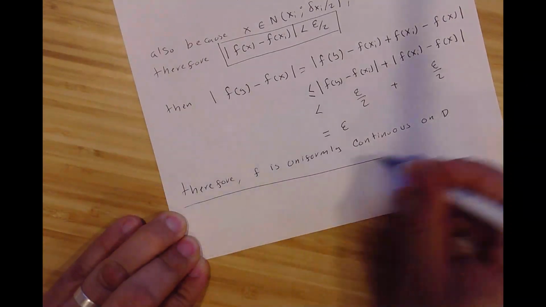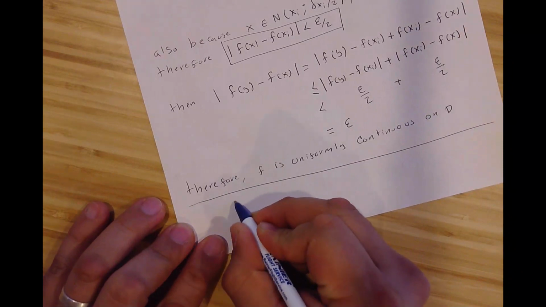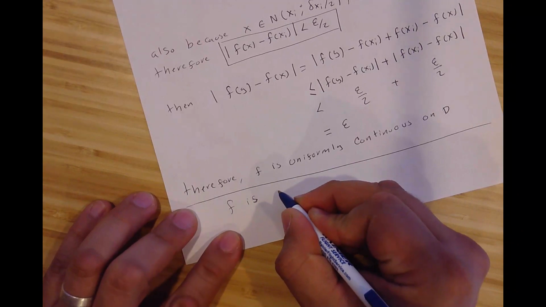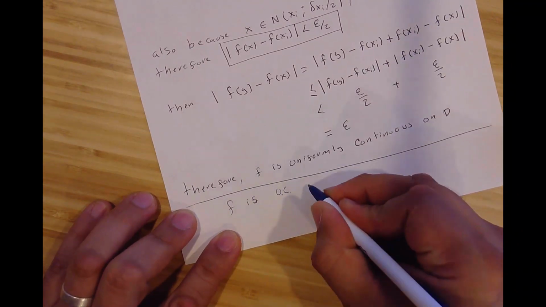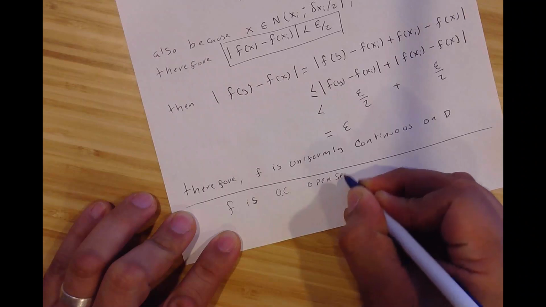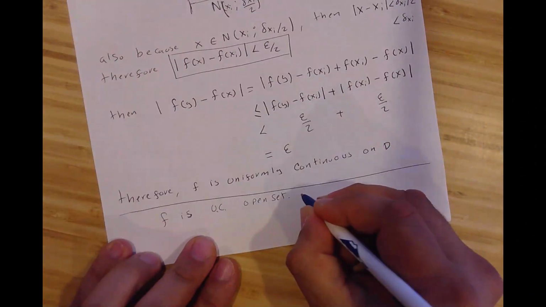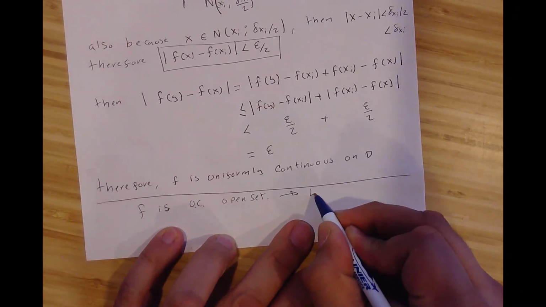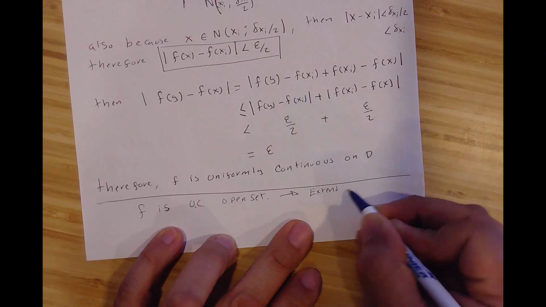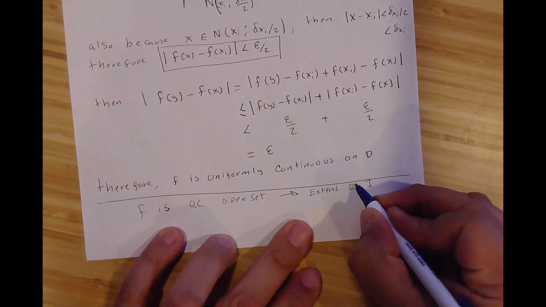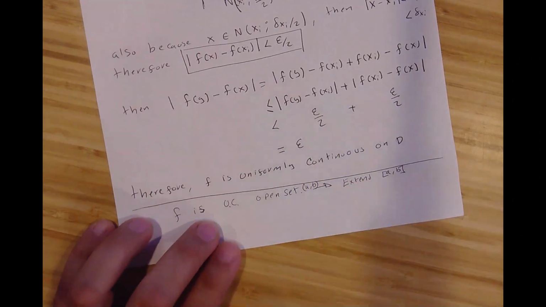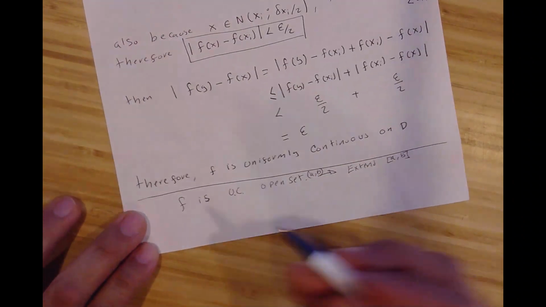By the way, another thing that we should contemplate here: if f is uniformly continuous on an open set, say the open interval (a, b), we can extend it to a closed set.